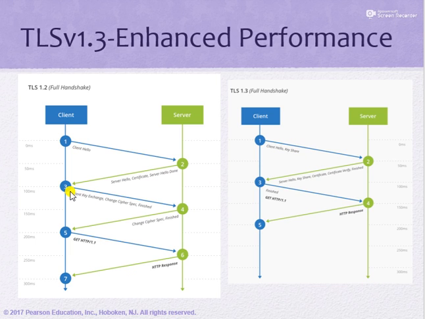So this key exchange that the client has to send in message number 3, instead is going to be sent along with client hello in message number 1 to the server. And when the server receives this client hello message, the server replies with the key agreement protocol that it has chosen, and a server hello message which also consists of the server key share, its certificates, as well as the server finished message.